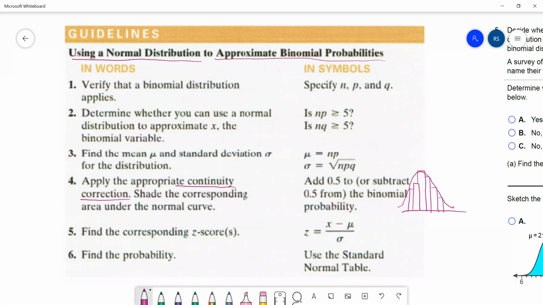So we have to adjust for this smoothness. That's what we're doing here. And then last but not least, we got to do our Z calculations like we've always done, using the standard normal tables and all that good jazz. So that's what we're going to spend some time doing in this video.